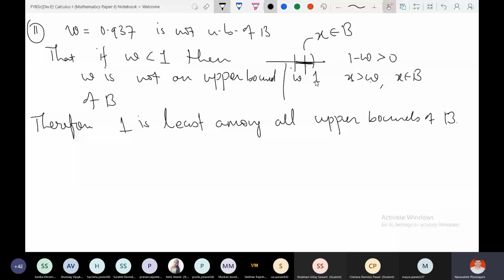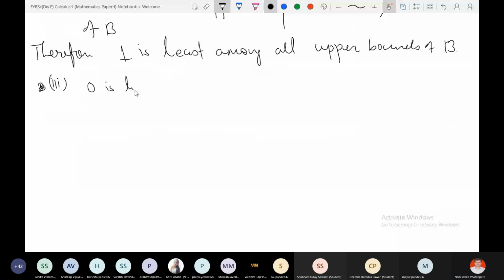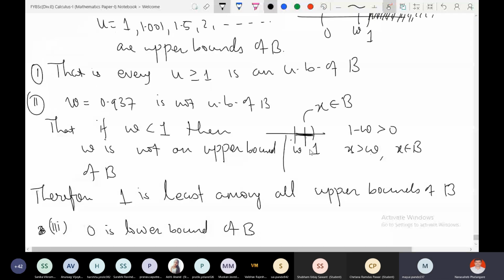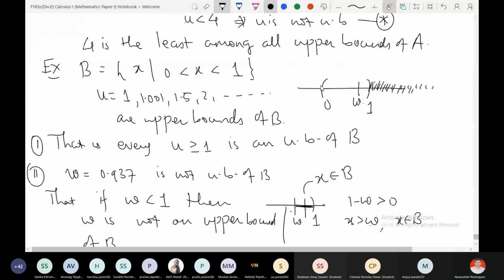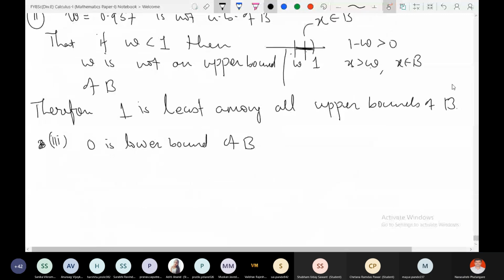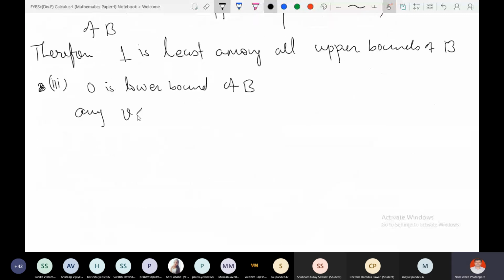So what is one more observation for this set? Third observation, 0 is a lower bound of B, right? 0 is a lower bound of this set. And you choose any V less than or equal to 0.